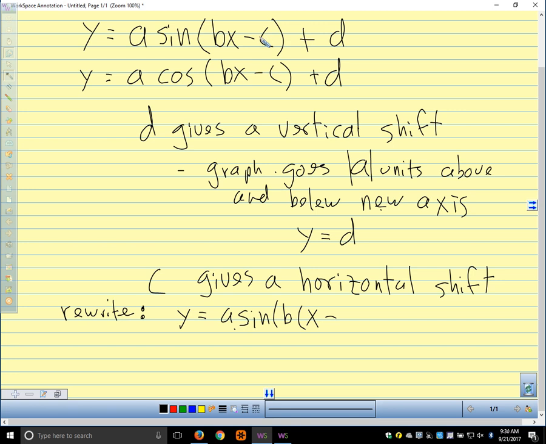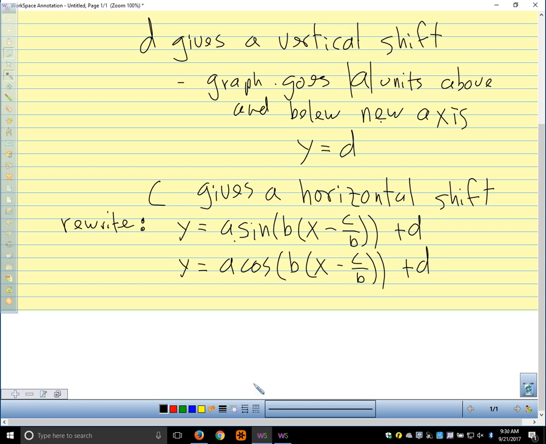What are we doing when we factor? What essentially are we doing? Dividing. So we're going to write this as x minus c over b plus d. And we do the same for cosine. And then our shift is c over b.